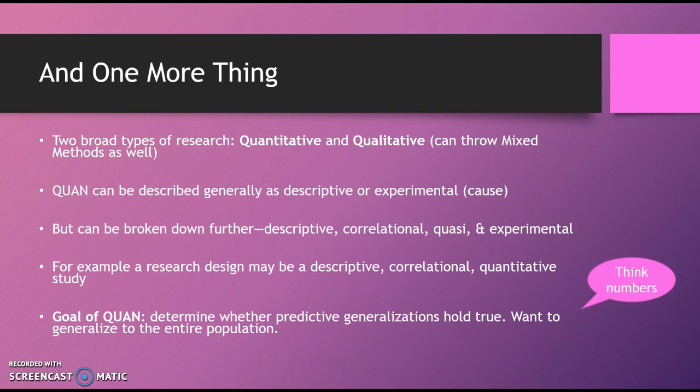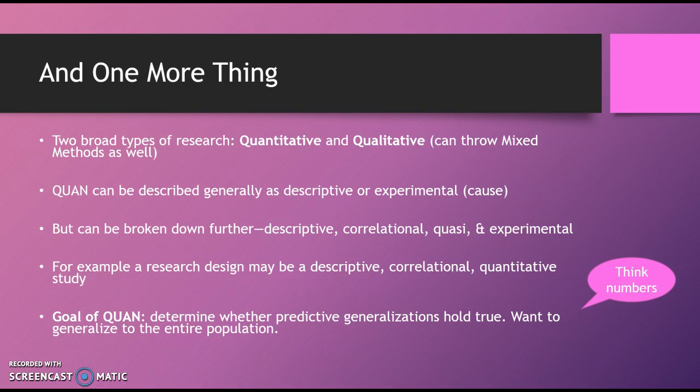Quantitative research can be described broadly as descriptive and experimental, but it can be broken down further, and I think this is probably more important to remember. It can be broken down into descriptive, correlational, quasi-experimental, and experimental. And remember, when we talk about experimental, you're talking about things like randomized controlled studies. That's where we randomize the population, whereas with the others, descriptive, correlational, and quasi, we don't do that.